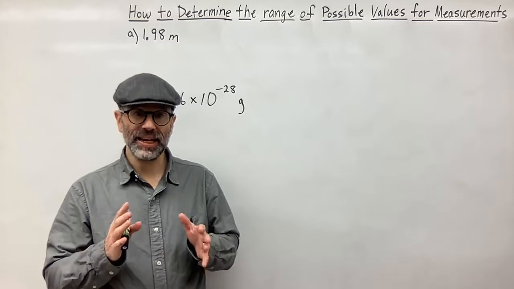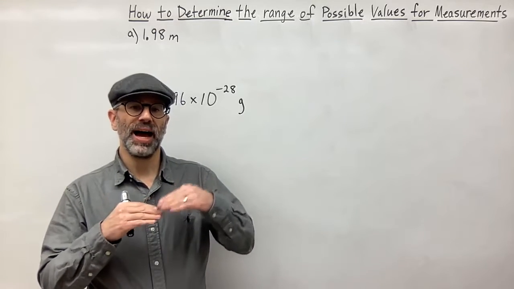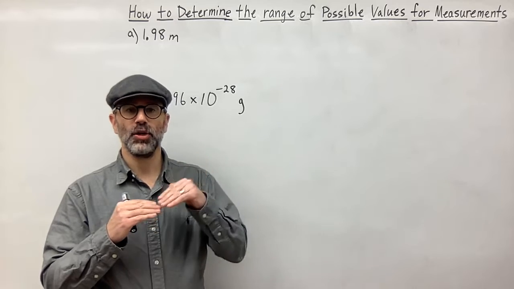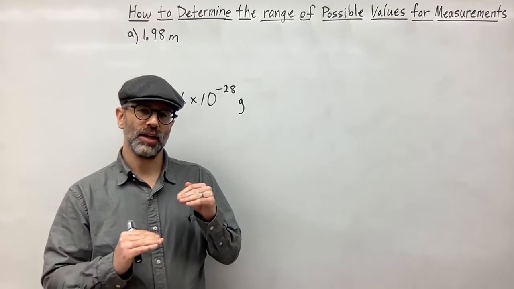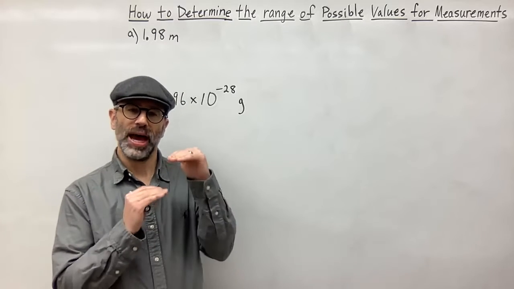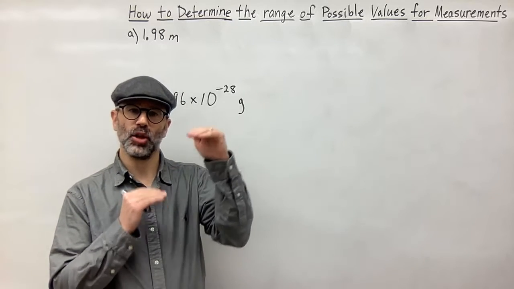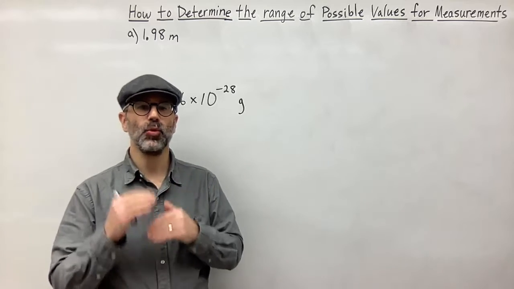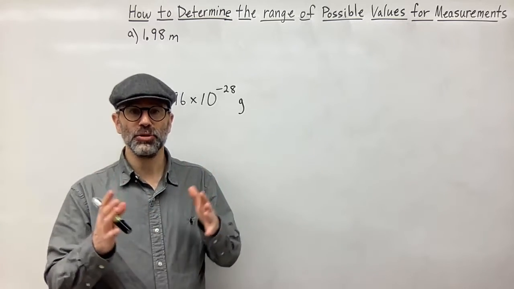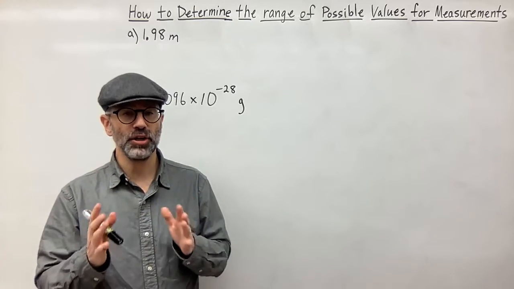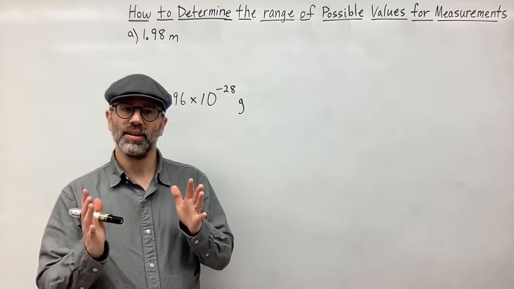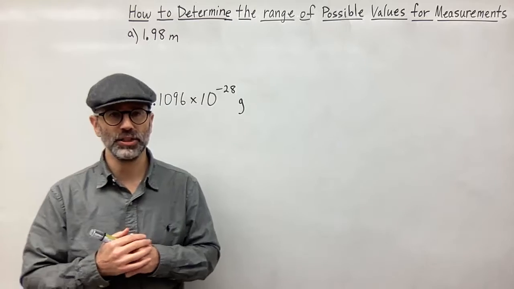And so then the range is going to be from the highest level, which is when you add one to that last digit, to the lowest level when you subtract one. So anywhere in between those two is going to be the range of that measurement within the parameters of error, of uncertainty, right? That's what they're really getting at in this sort of question.